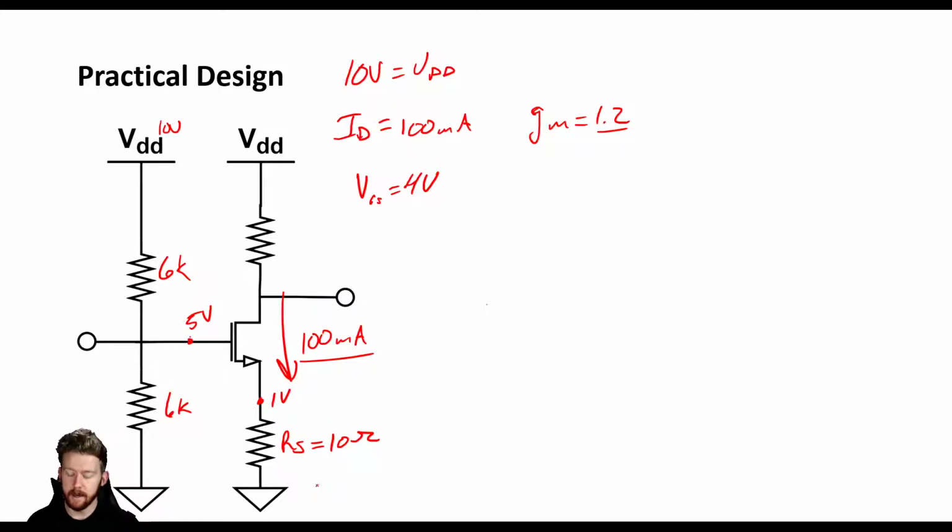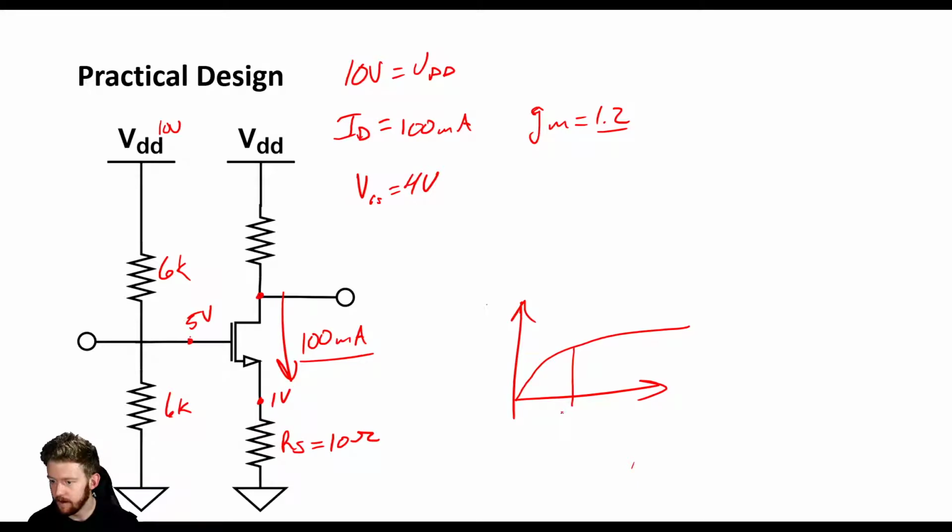Now, we need to pick out what we want our drain voltage to be, okay? Because we're the designers, we get a little bit of a choice as to what we want this drain voltage to be. Now, what we need to do is actually look at our curves in our data sheet. And what we see is that for 100 milliamps, if our VGS is equal to, let's say, 4 volts, let's assume that we have all this information.